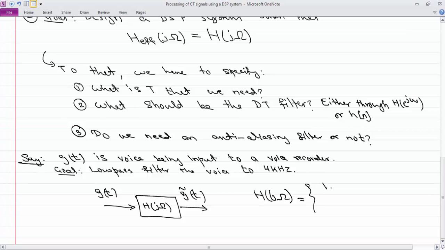So you are interested in letting all frequencies pass below 4 kilohertz, so 8000 pi, and you want to cut off all the other frequencies. So this is your desired action, but how do you achieve that action using a DSP system?